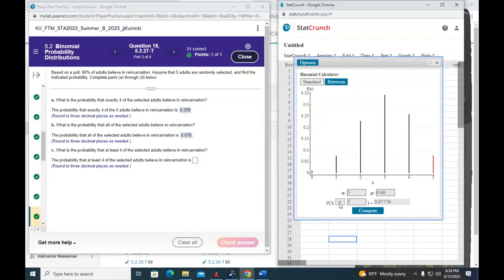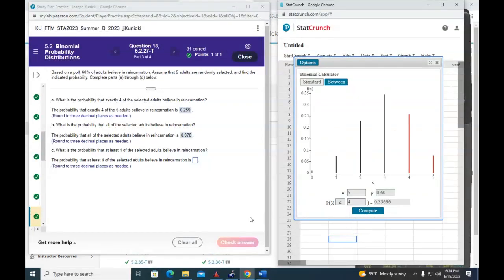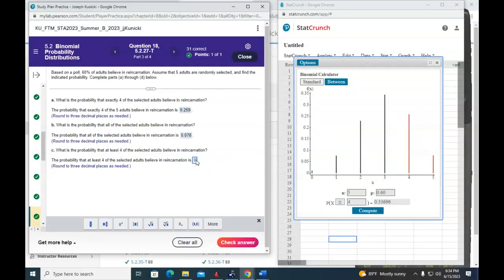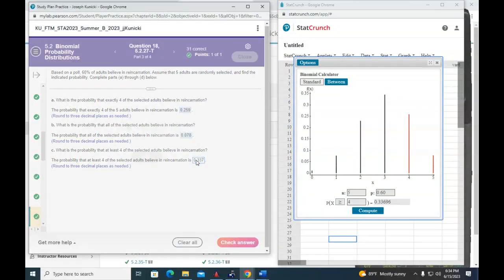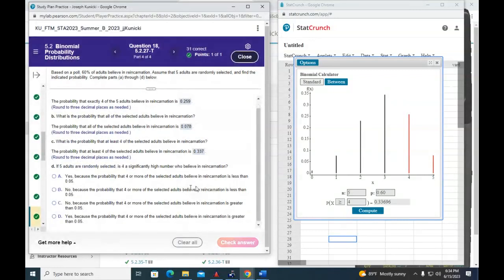Or you can do greater than or equal to 4 if you have it here. That's 0.337, the same numbers if you added the two of them, because that's what you're adding, these two columns.